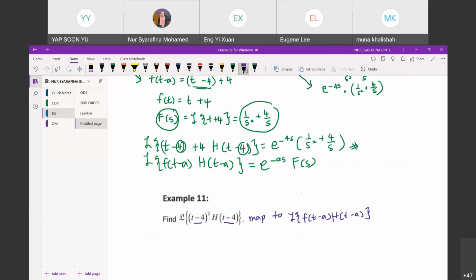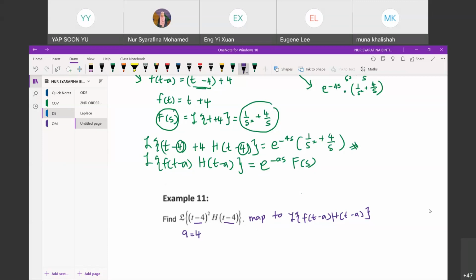Because it is in terms of t minus a and t minus a. And you know that what is your a here? a equals to what? Okay, a equals 4.